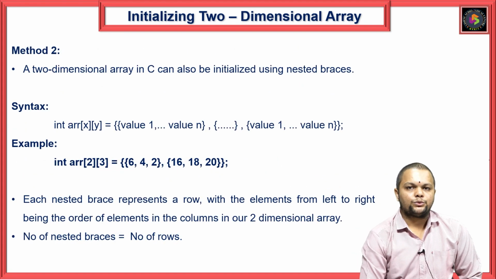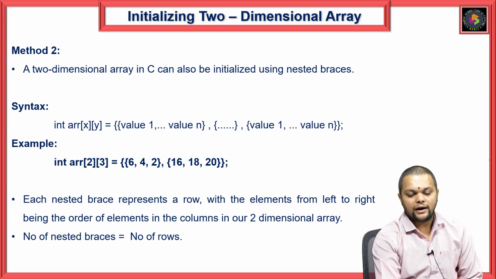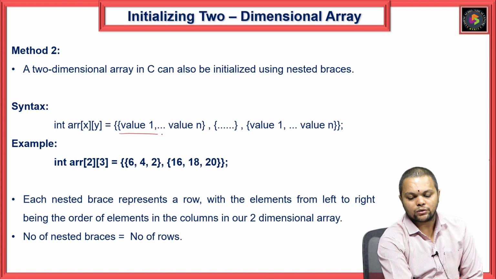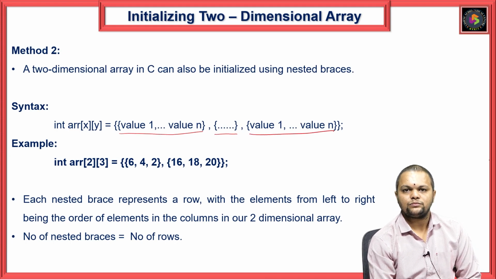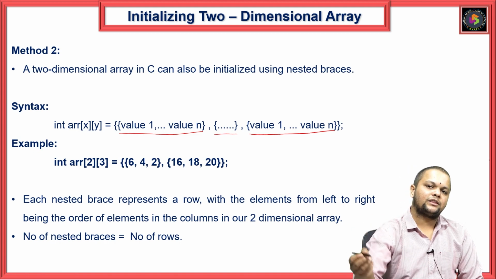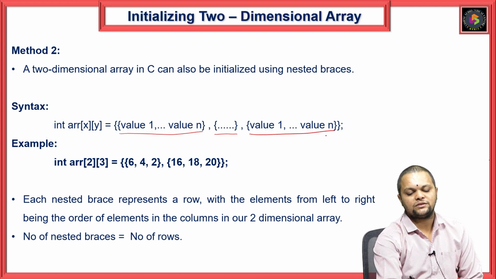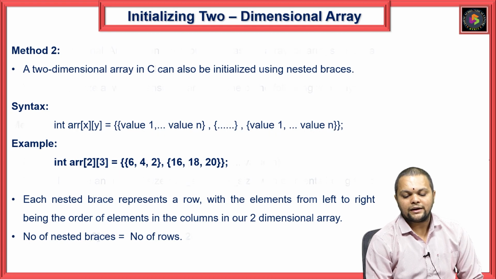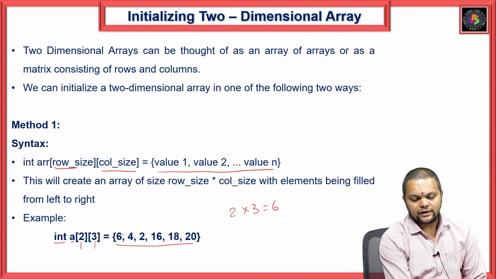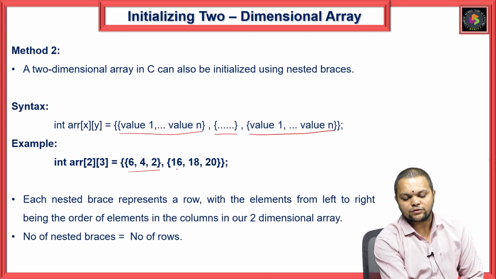In method 2, we take the row size as well as the column size and we write the values row by row. This is row 0, this is row 1, this is row 2. If I am taking a 3 by 3 matrix, the rows are 0, 1, 2. If I am taking just a 2 by 2 matrix, this is the first row, this is the second row, like that. So we can declare directly by taking the values, or we can declare in terms of rows.